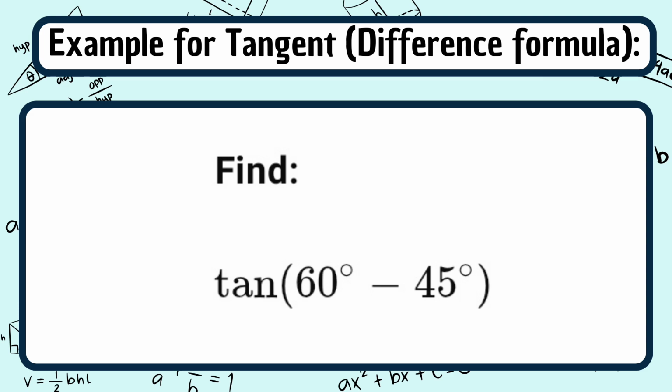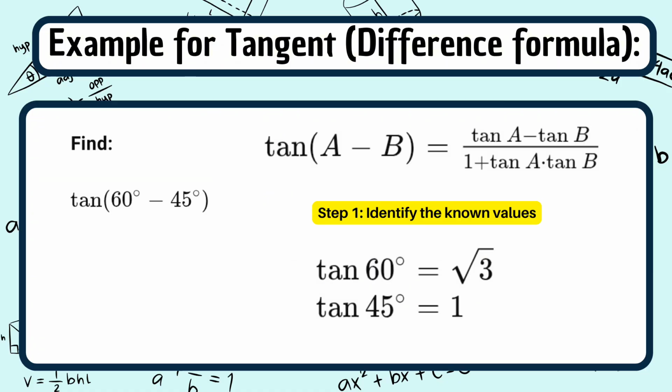Okay, let's proceed to tangent using difference formula. So let's solve for tangent 60 degrees minus 45 degrees. We can use the identity tangent A minus B is equal to tangent A minus tangent B over 1 plus tangent A times tangent B. So let's proceed to step number 1.